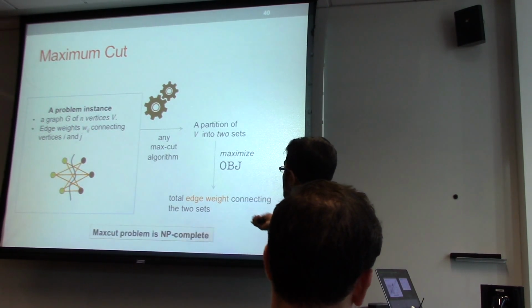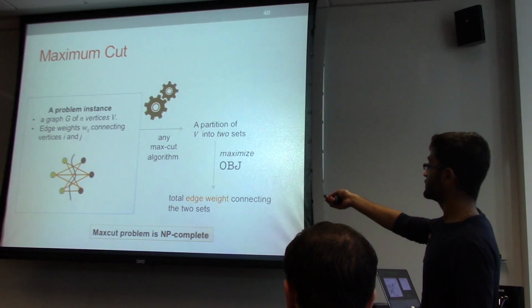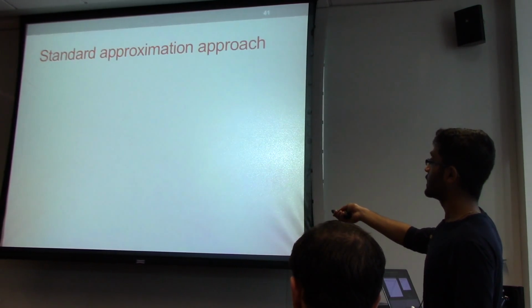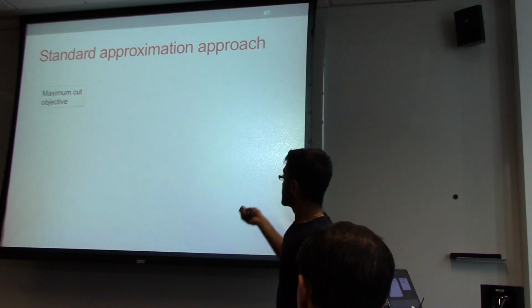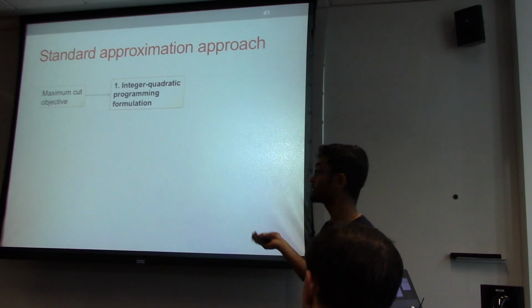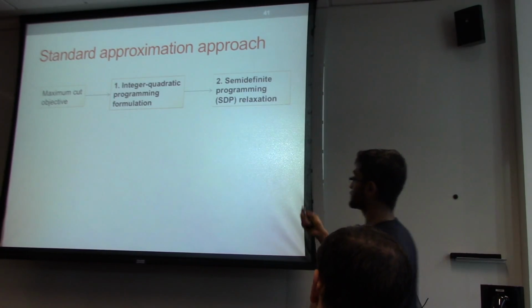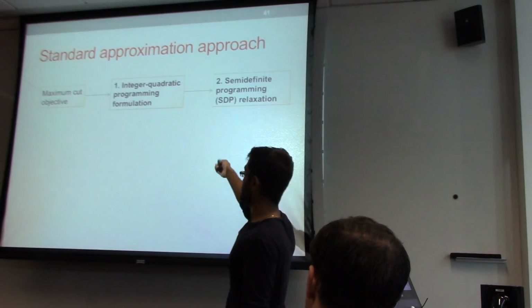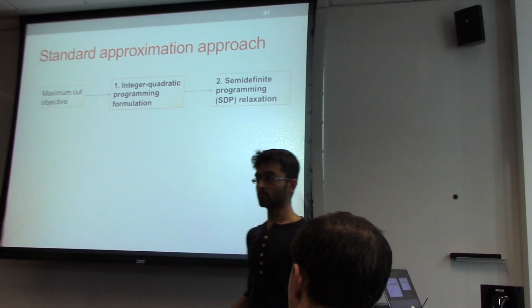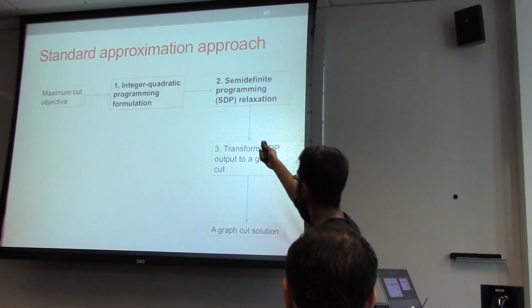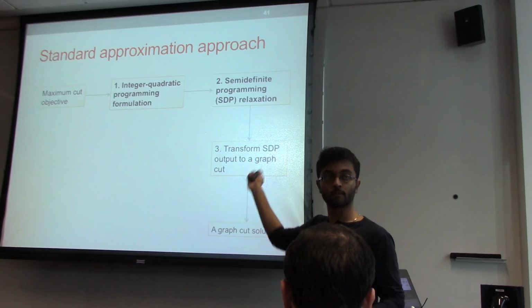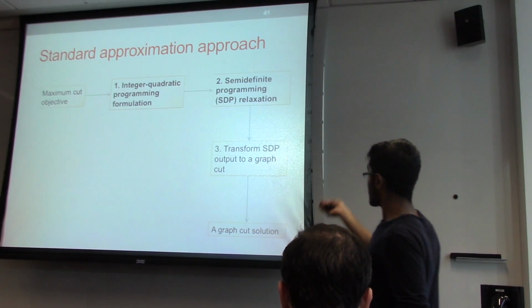Since this problem is hard, you have this popular approximation technique. I'm going to give you an outline of that. What you would do is formulate this as an equivalent integer quadratic program, which is also going to be hard to solve. And then you relax it into a semi-definite program. I will describe this in my next slide.